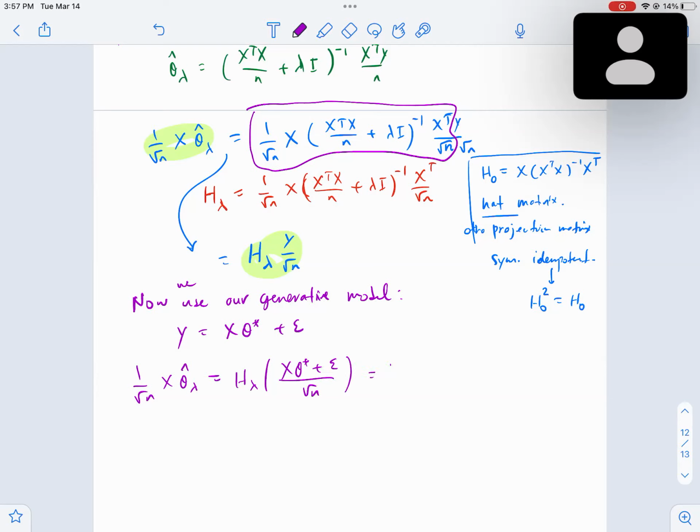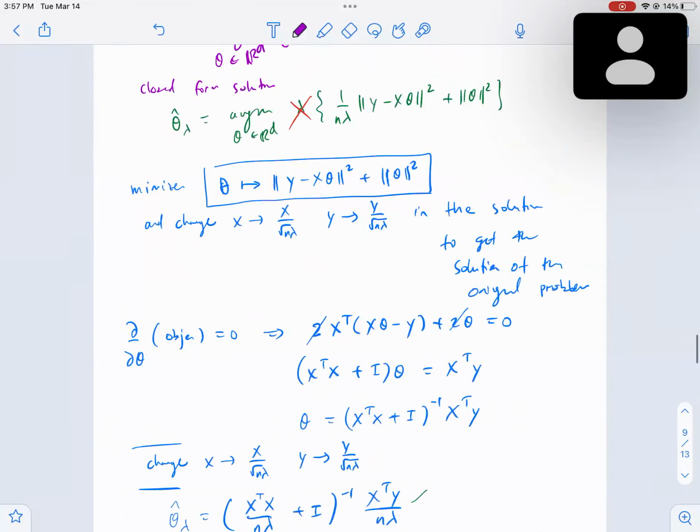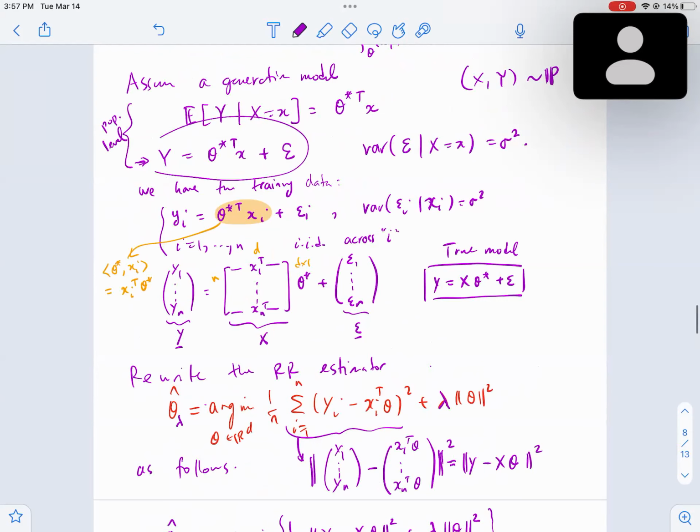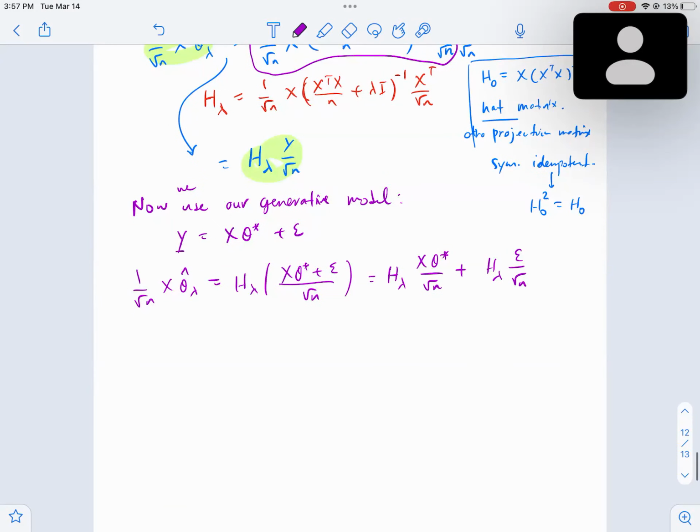If you rearrange, you get h lambda x theta star divided by root n plus h lambda epsilon over root n. Just expand. We just plugged in the way we generate the model. Remember, we are assuming that y is generated from a true model like this, and you rearrange. These are vectors, so this contains all the y1 up to yn, and this contains epsilon 1 up to epsilon n, and so on.